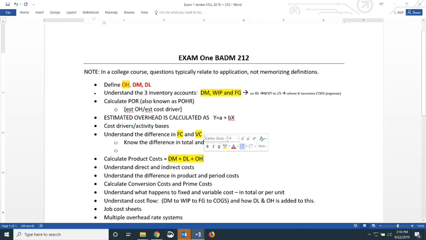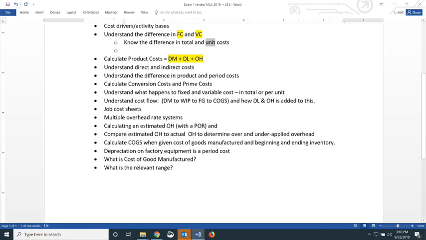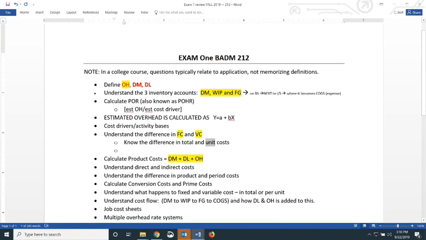Let's say you are a manufacturer of tables, and you manufacture a batch of tables, and there's 100 of them in the batch. A valid question, and there's one on the exam, would be, what is the total cost for materials, labor, and overhead for this batch of tables? And then if I tell you you made 100 tables, I might also ask you for the unit cost. Then you would take the total cost divided by 100 tables.